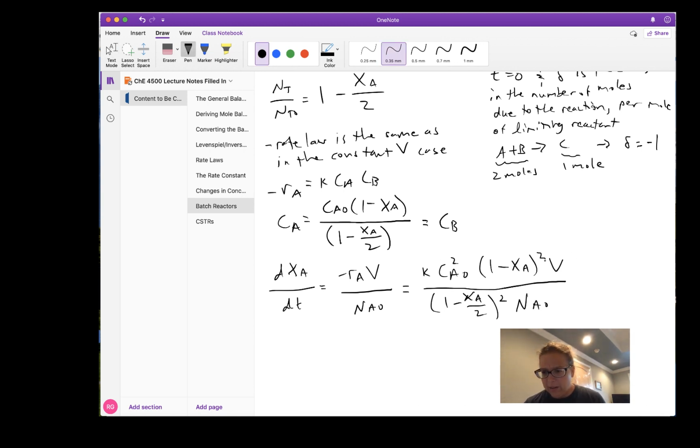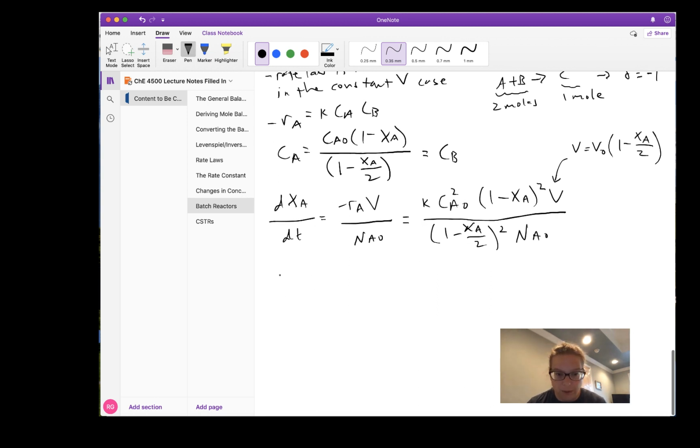And I also know that my volume V is equal to V naught times 1 minus XA over 2. What this does is now I have 2 of these in the denominator and 1 in the numerator, so I'm going to cancel out the 1 in the numerator and leave only 1 in the denominator as I do my next simplification.